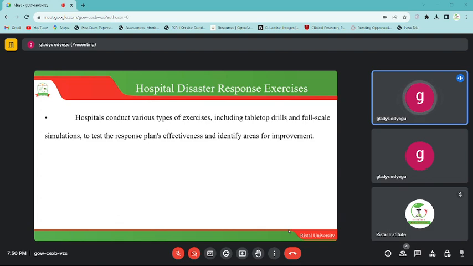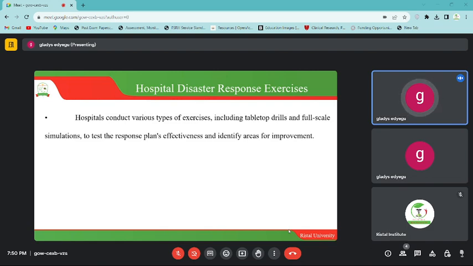So what could be the disaster response exercises? I want to say that there are different exercises that people can use for simulation, and when they do this, they are preparing, and they are also being trained with the knowledge and the skills on what to do in case a disaster occurs.